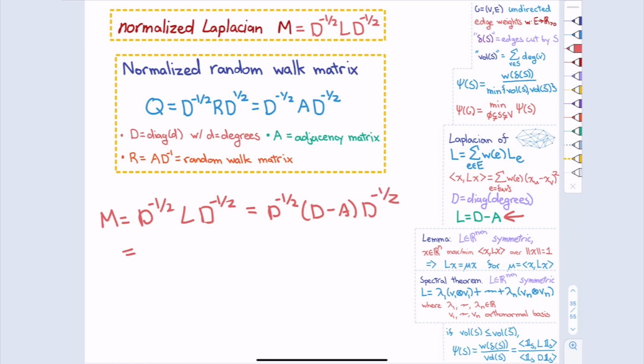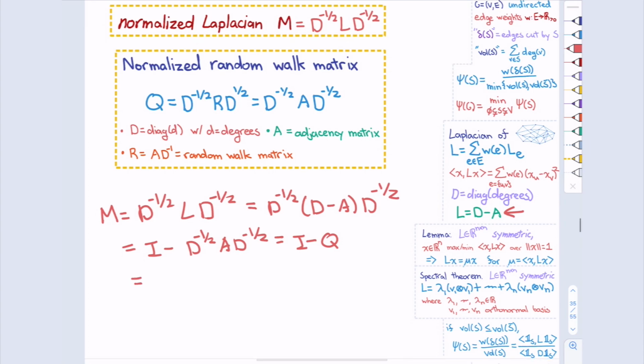Okay. All right, so that looks like I minus d to the minus 1/2 a d to the minus 1/2. And what is that? Okay, I minus q. There's this nice little connection that's come up.